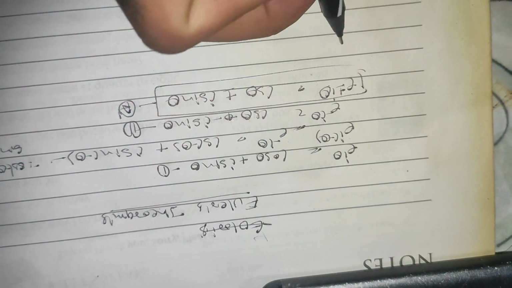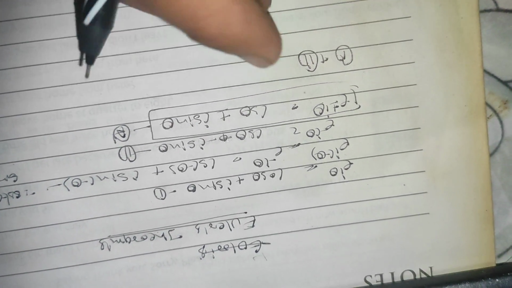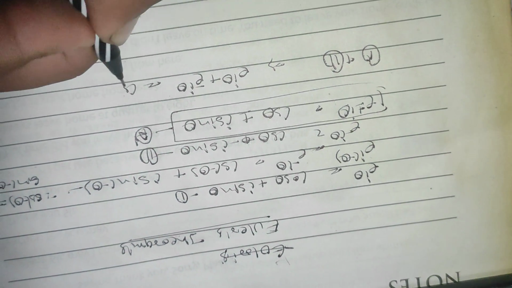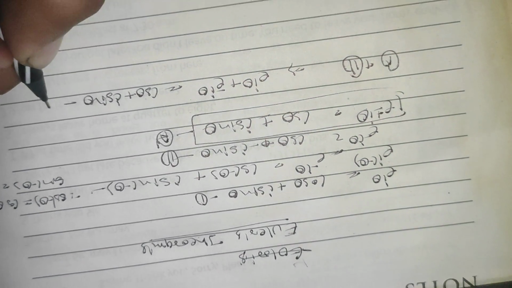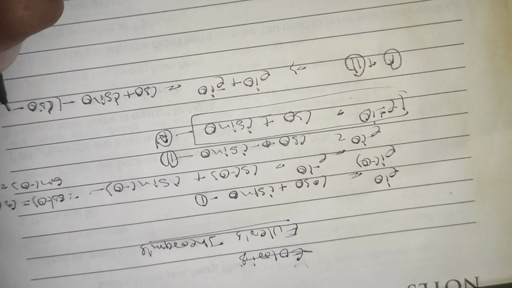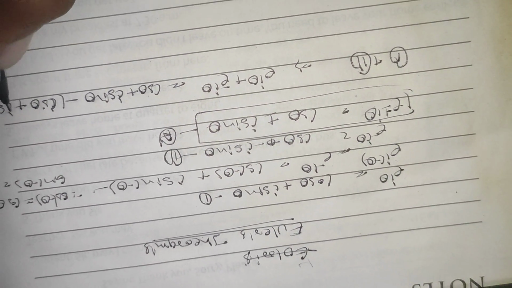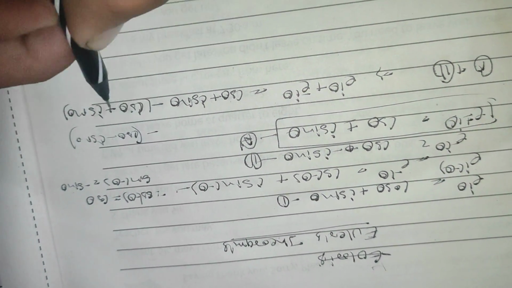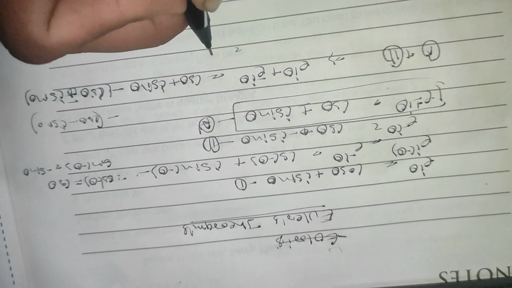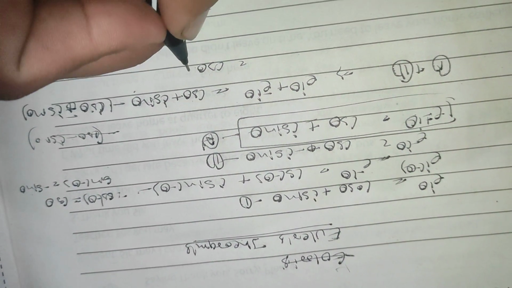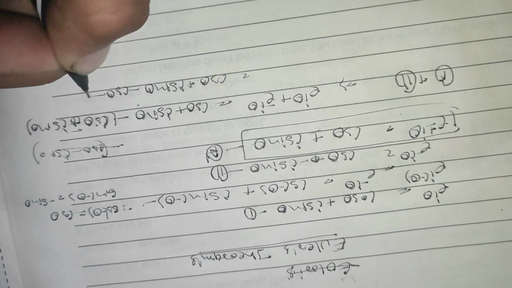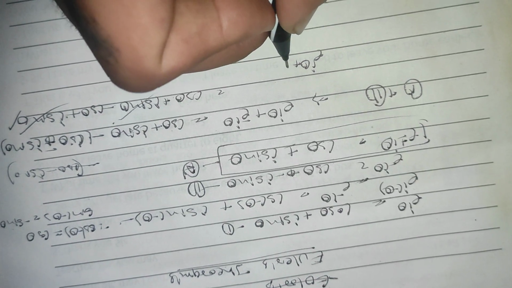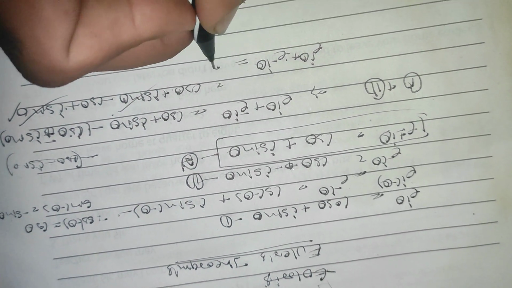Now if we add equations 1 and 2, we get e to the power iota theta plus e to the power minus iota theta, which is cos theta plus iota sin theta plus cos theta minus iota sin theta. The iota sin theta terms cancel, so e to the power iota theta plus e to the power minus iota theta becomes 2 times cos theta.